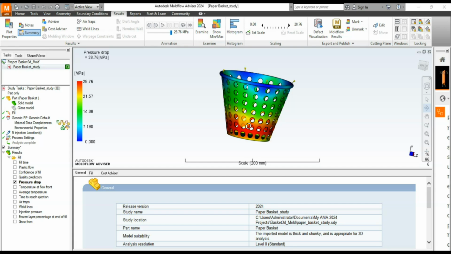Now let's look at, still under the pressure drop, some of the things to look out for. Now you should take note of this. Increase the maximum injection pressure to improve the confidence of fill, just like what I said previously. So this pressure is actually connected to the confidence of fill.